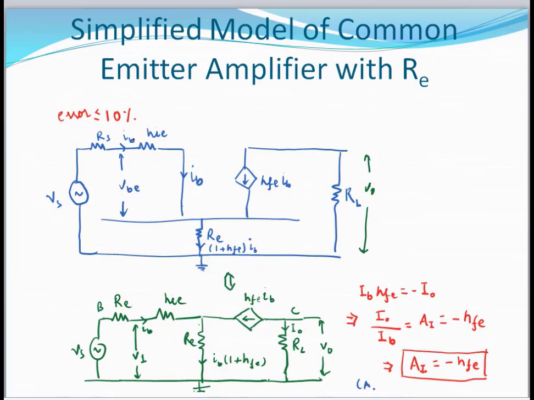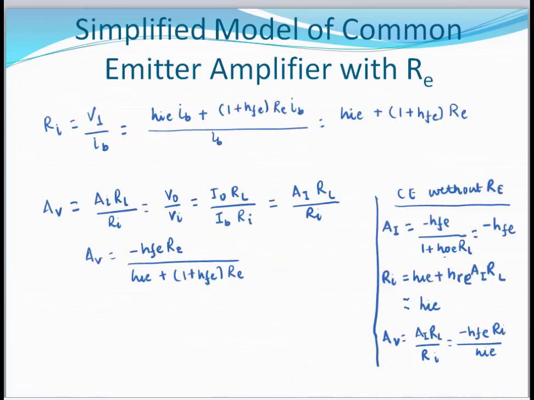If we use emitter resistance or not, there is no effect on current gain; current gain will be unaffected either using emitter resistance or not using emitter resistance.